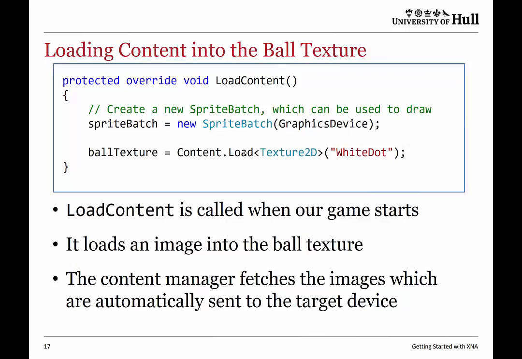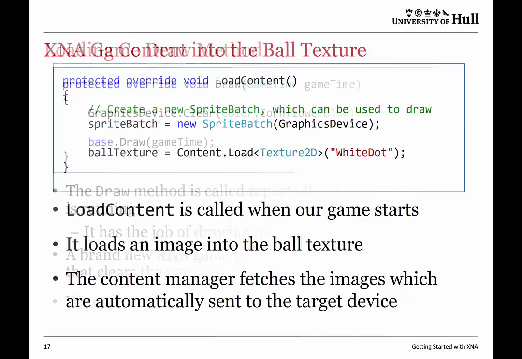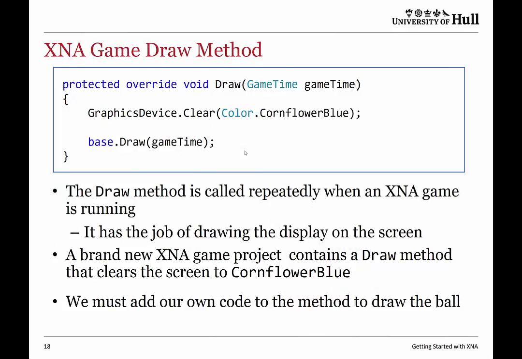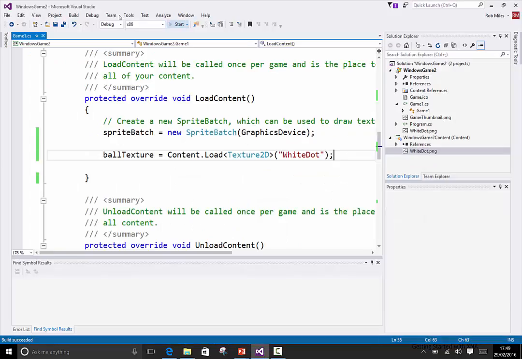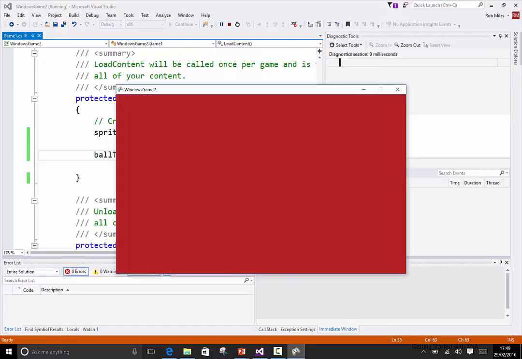You've seen that code and been mildly amazed. Now, we have to draw it. At the moment, that's the Draw method that you get by default, although ours is now Firebrick red, or whatever it's called, rather than blue, but that's fine. Draw is called repeatedly. If I run my program, there it is.